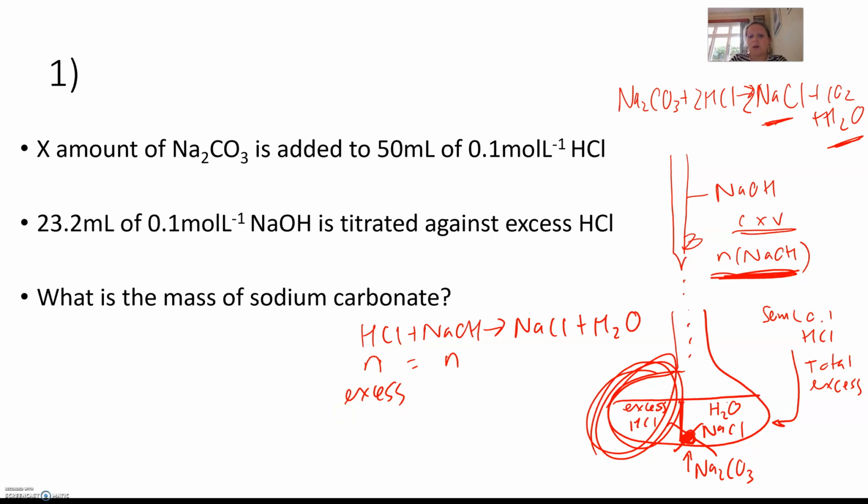And so that's just what we do. So we work out the number of moles, C times V, and we know that's going to equal the same number of moles of the HCl in excess that was left over in the flask here.